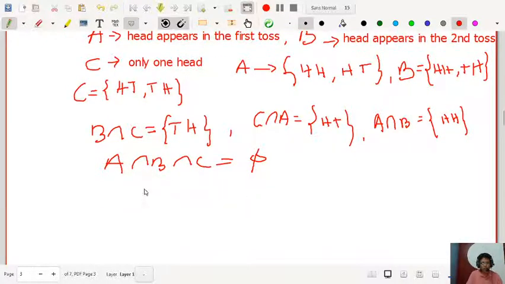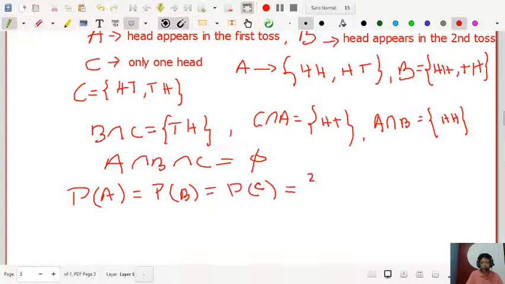So by the classical rule, let us now calculate the probability of A. What is your probability of A? 2 by 4. Okay. And what is your probability of B? 2 by 4. And what is your probability of C? 2 by 4, right? So for all the events you will get 2 by 4. Okay. And what is your probability of A intersection B? It is 1 by 4.